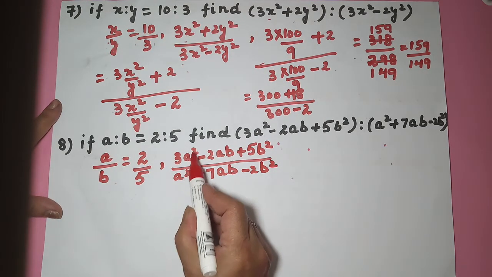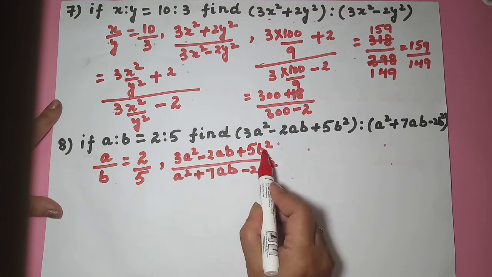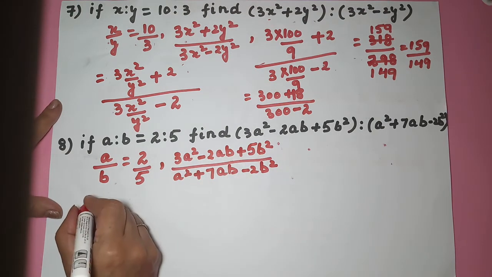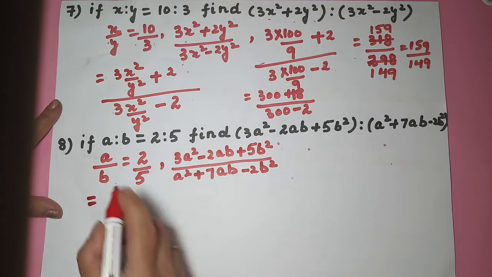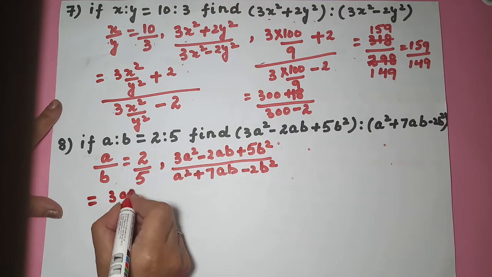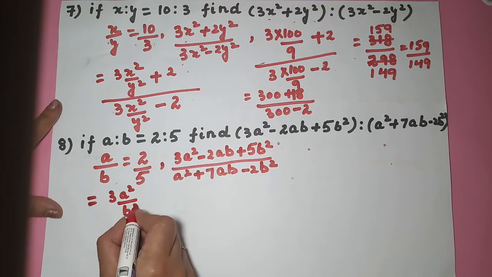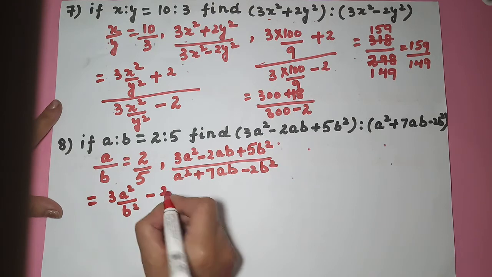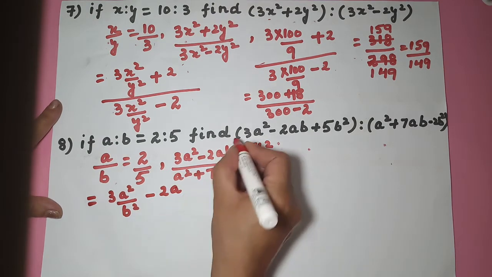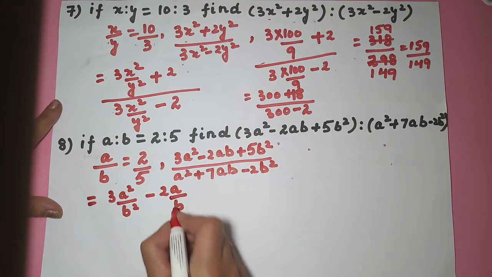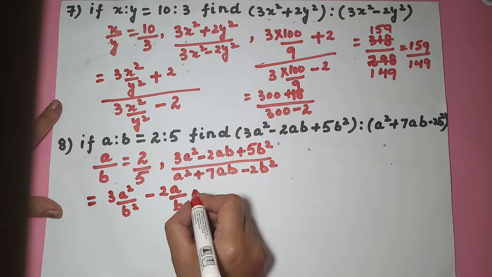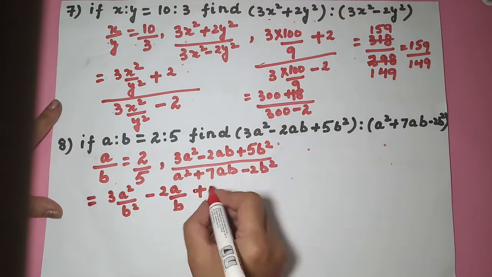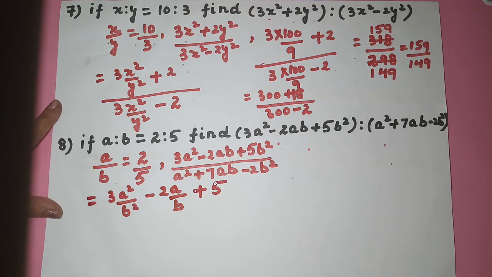Again we have a square here, so we will divide each term by b square and let's see what we will get. If you divide this by b square, you will get 3a square by b square minus 2a will remain, 1b will go, so 2a by b plus, if you divide this by b square, you are only left with 5.